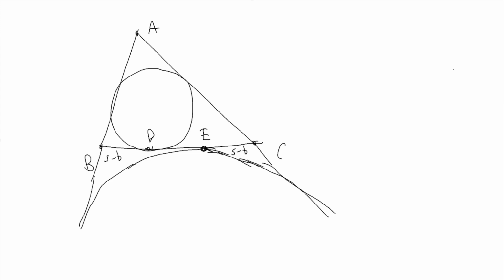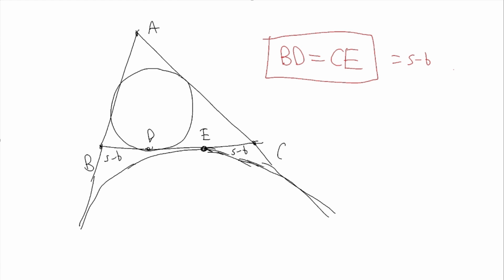And therefore, we get the very, very powerful fact that BD is equal to CE. And they're both equal to s minus b. Now, this s minus b part is actually not that useful in the end because we only really care that these two lengths are equal.